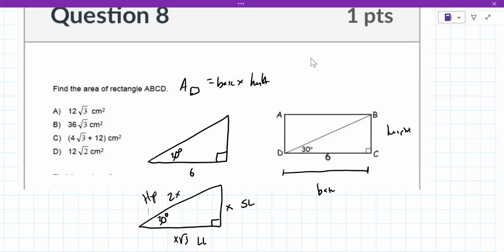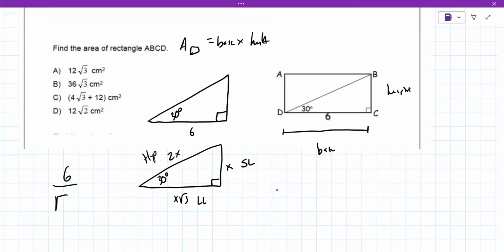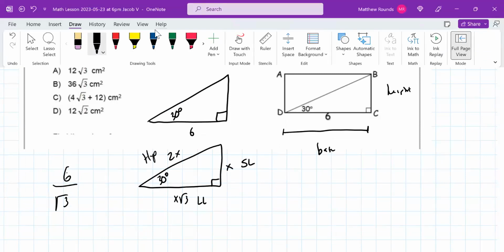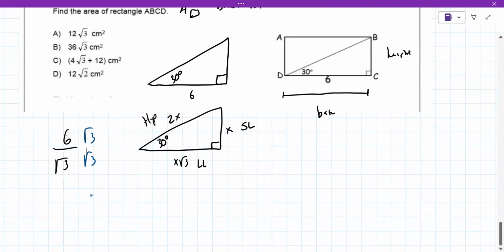So you have to rationalize this. To do that, you multiply the top and bottom by the square root of 3. So it would be 6 square root 3 on the top, and then on the bottom, square root of 9, so then it would just be 3.